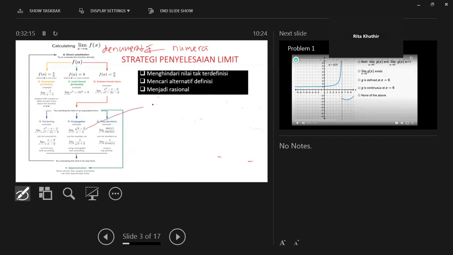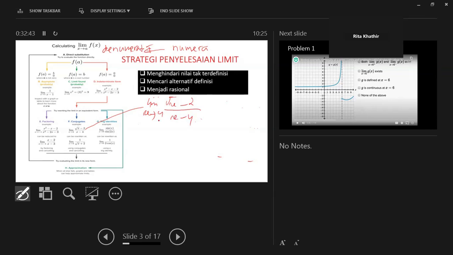Here, we have the problem of limit x approaches 4 from root square of x minus 2 over x minus 4.